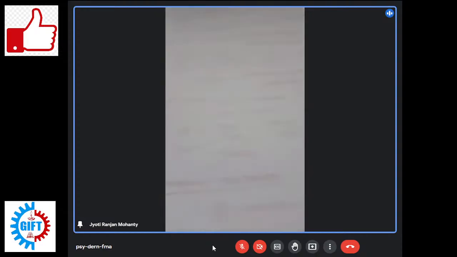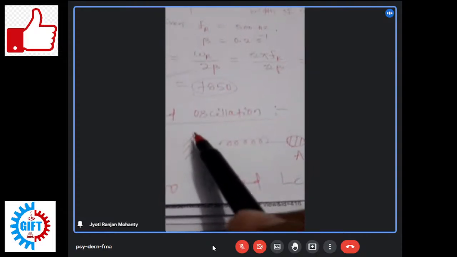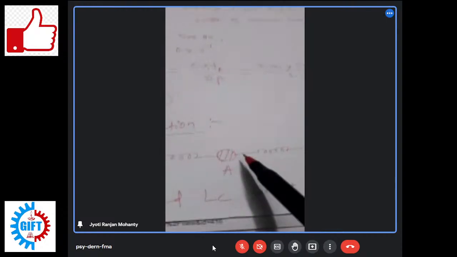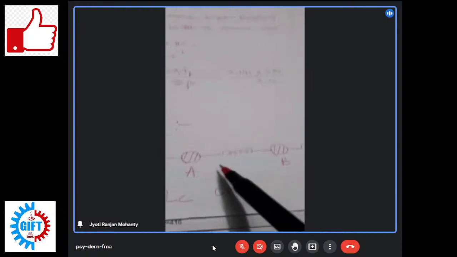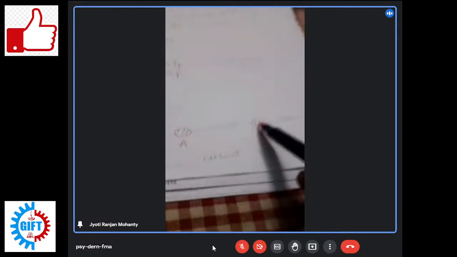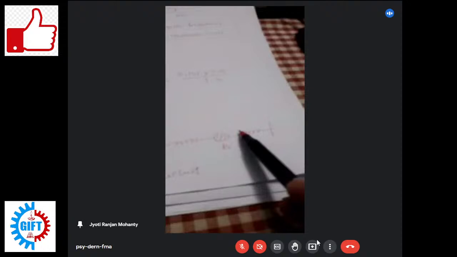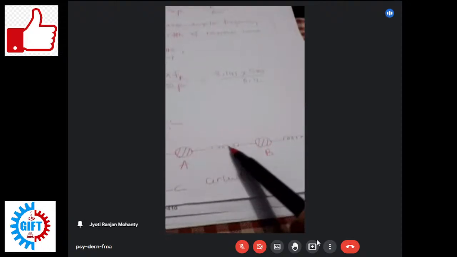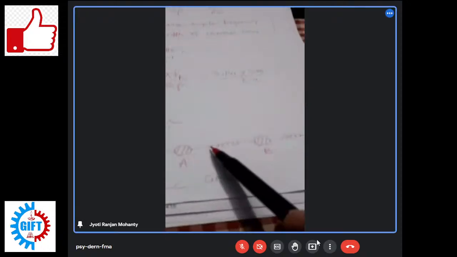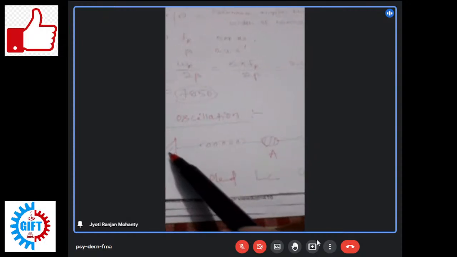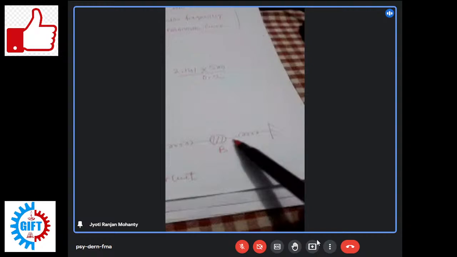सपोज, मैं एक एग्जांपल देता हूं. ये हम 2 बॉडी लिए हैं, A and B. Is it visible? Body A, body B, both are connected by a spring. This is the spring. Body A is also connected by another spring. Body B is also connected by another spring.